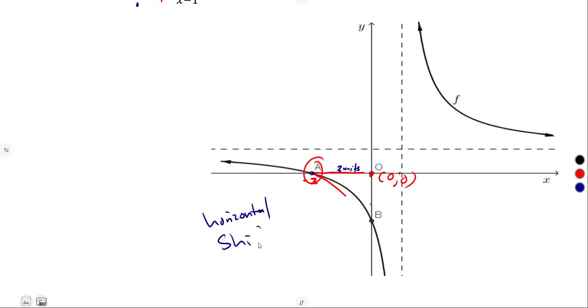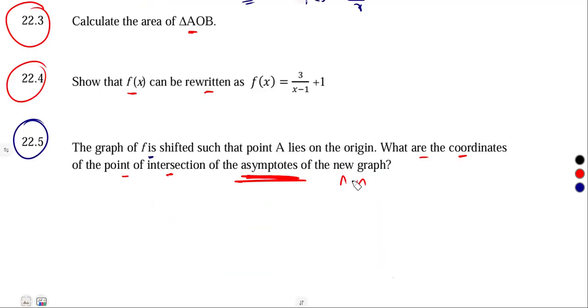The distance between O and A is 2 units, so the shift was of 2 units to the right.